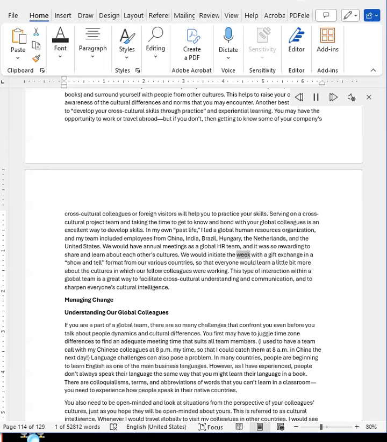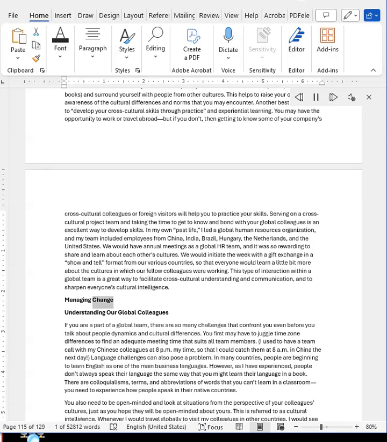We would initiate the week with a gift exchange in a show and tell format from our various countries so that everyone would learn a little bit more about the cultures in which our fellow colleagues were working. This type of interaction within a global team is a great way to facilitate cross-cultural understanding and communication and to sharpen everyone's cultural intelligence.